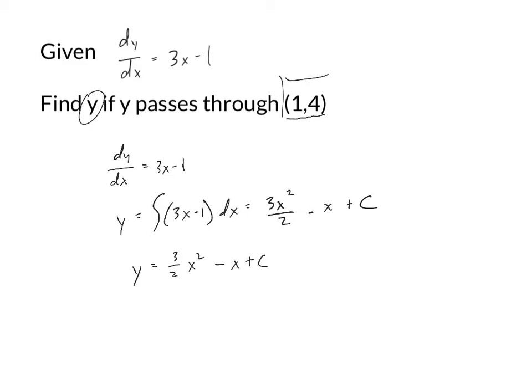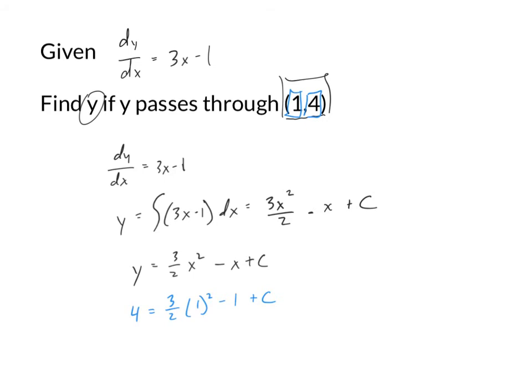But how do I use this extra piece of information now? Y passes through that coordinate. Okay, what you can do is, given that additional piece of information, well, now you can find the actual equation, the whole y equation. I can find the c, the constant, because the y coordinate is 4. 4 equals 3/2 times 1 squared minus 1 plus our constant c.